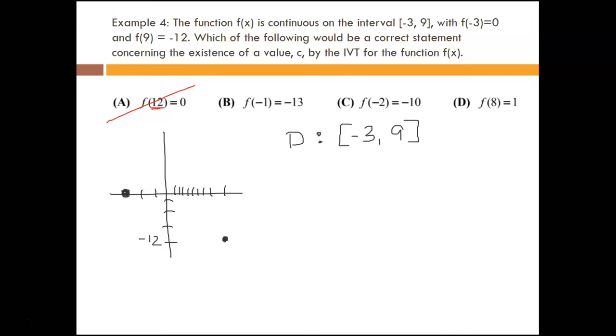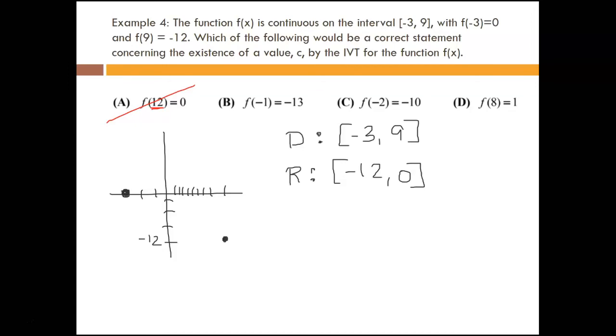So now I have to consider the range. The range is from -12 to 0. Now I can look at the multiple choice options, and any value in which the range is outside of -12 to 0 is not guaranteed by IVT.